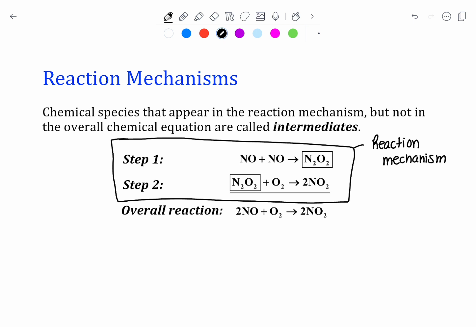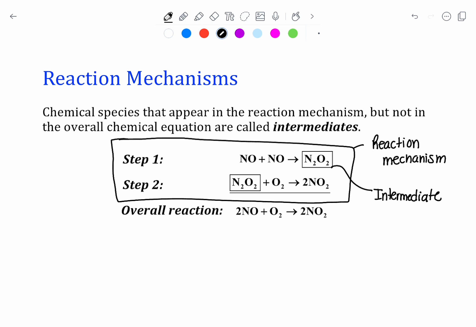And any piece of that reaction mechanism that is not a product or a reactant in our balanced overall reaction is considered an intermediate. So in this case, N2O2 is the intermediate. It's created in our first step, and then it's utilized as a reactant in our second step, so it essentially cancels itself out.